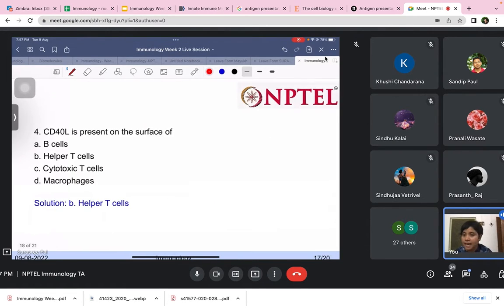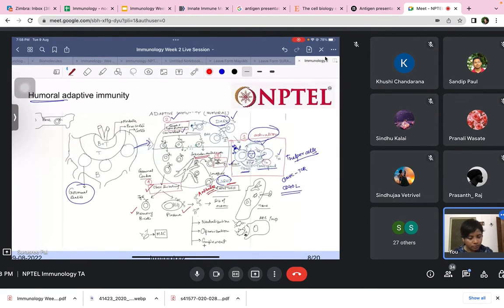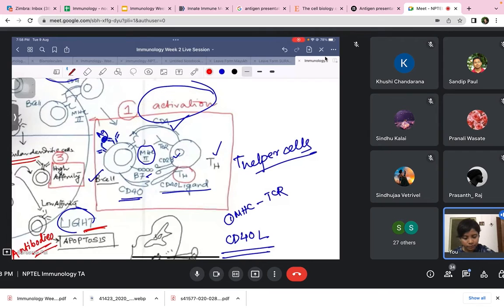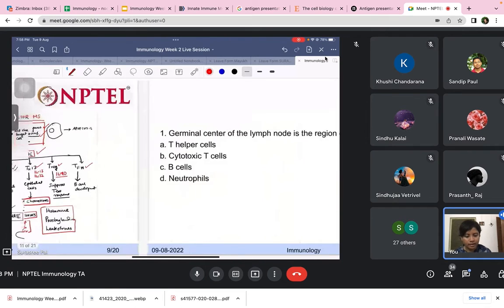The right answer is helper T cells. Just going back to that slide once to give you a brief of it. These CD40 ligands are expressed on the T helper cells, which help in strengthening the interaction between the TCR of T helper cells and the MHC2 of the B cells, which helps in activation of the B cell in the germinal center. So CD40 ligand is present on the T helper cells.